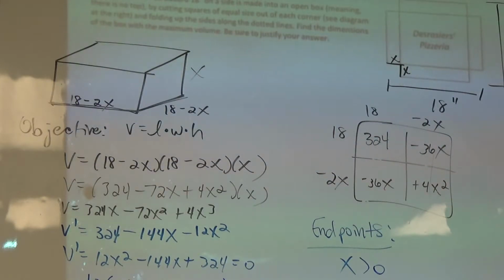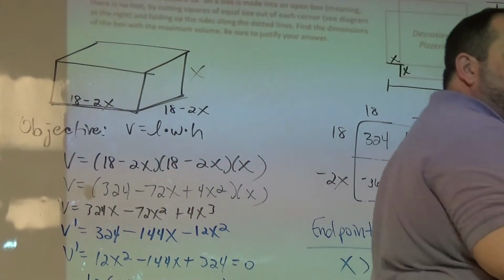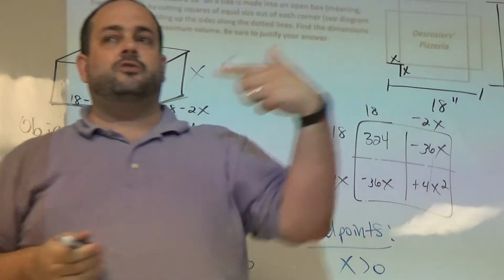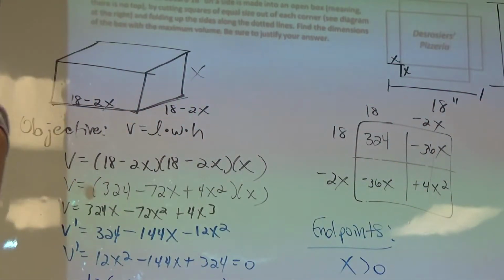Let's try the second derivative test, because the second derivative test is the new kid on the block. So second derivative test, not v prime, v double prime. It's the second derivative that you're going to find. We already confirmed that v prime equals 0.